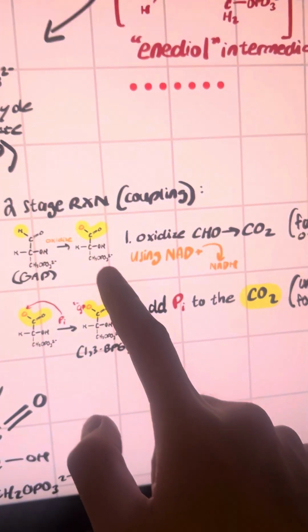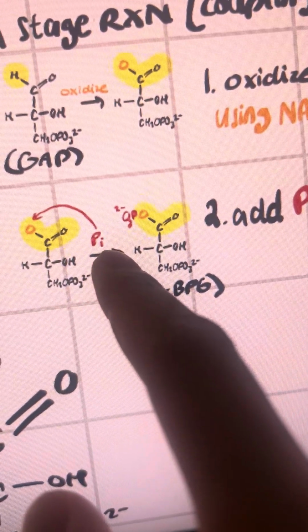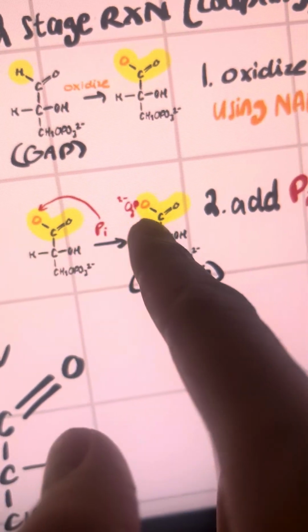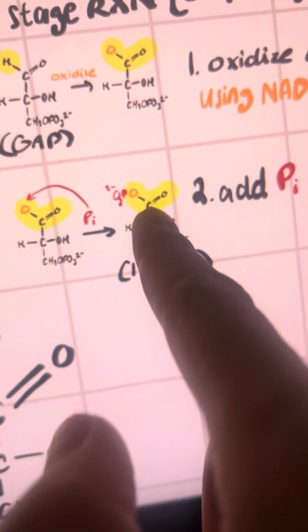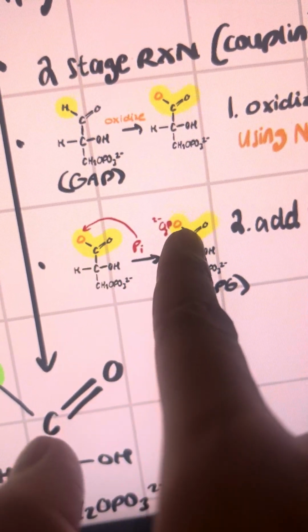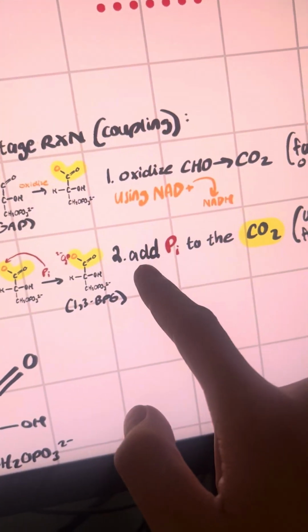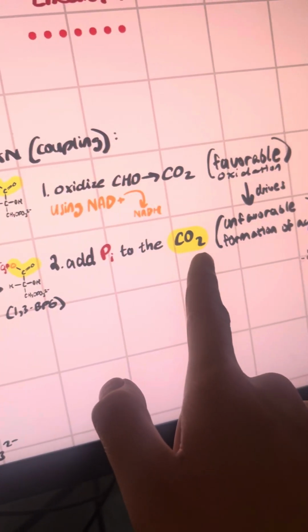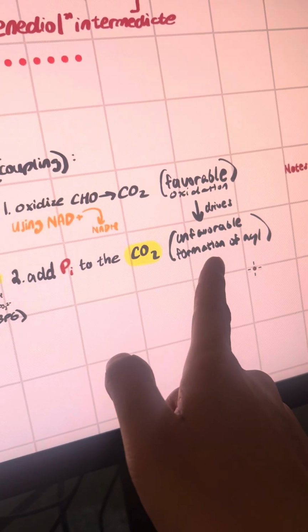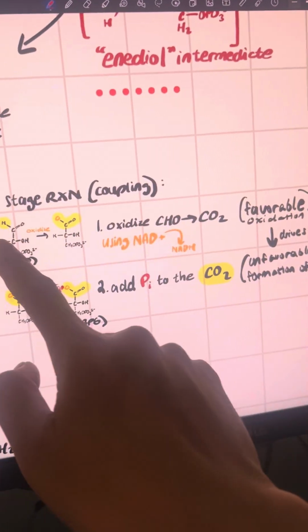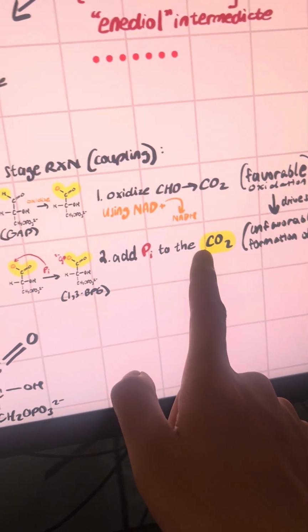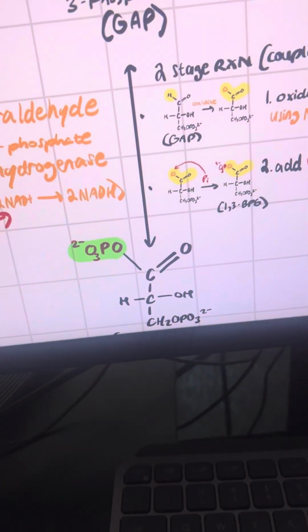Once you form CO2, which was a favorable oxidation, you can now add an inorganic phosphate group onto that new oxygen that you just formed. Because you went from H to an O, right, to make CO2. Now you can use that new O to put a phosphate on, right? So you added inorganic phosphate to CO2. That was unfavorable, but combining a favorable reaction with an unfavorable one, you were able to make 1,3-BPG.